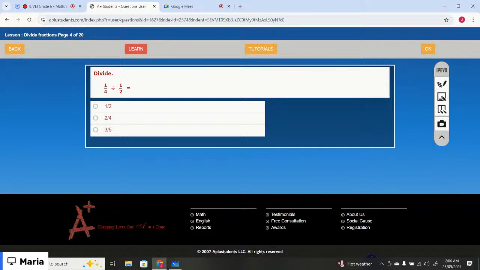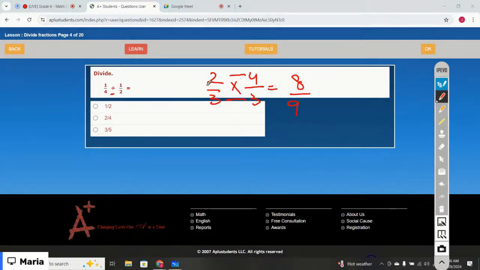The next one is 1 by 4 divided by 1 over 2. Which is the correct option? You have to do 1 by 4, replace the division sign with multiplication and then take the reciprocal.